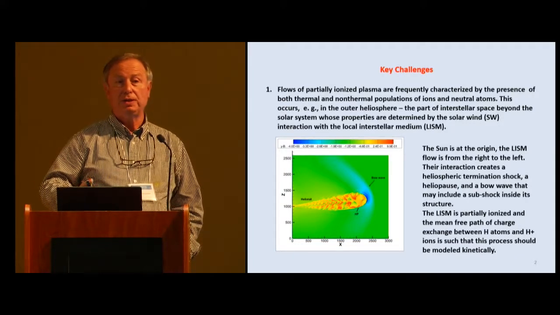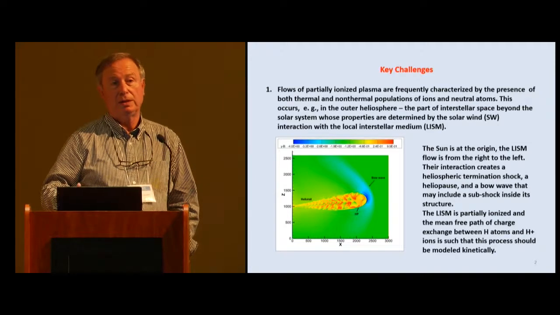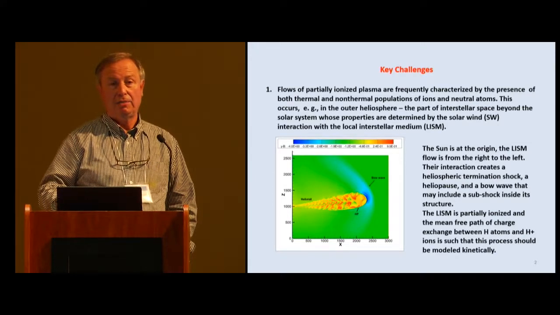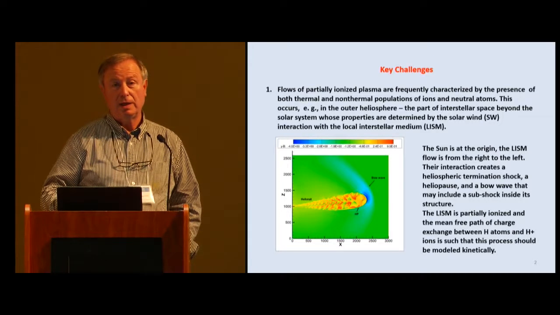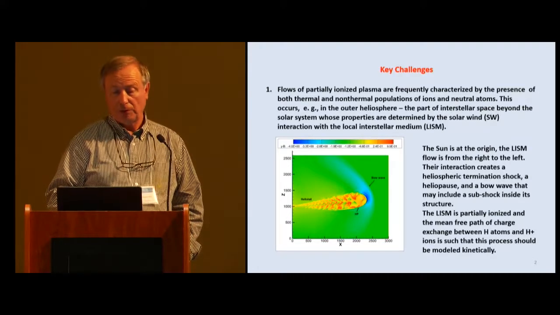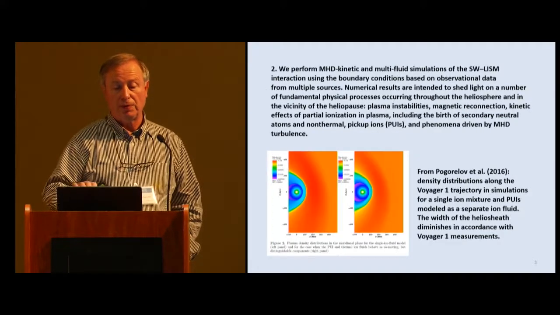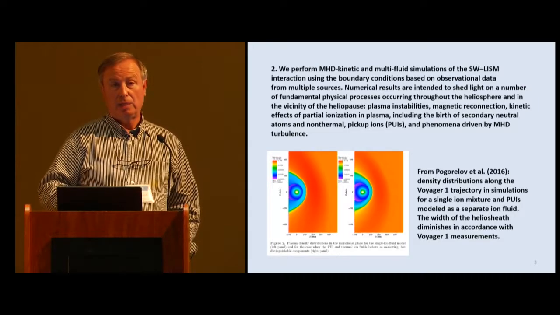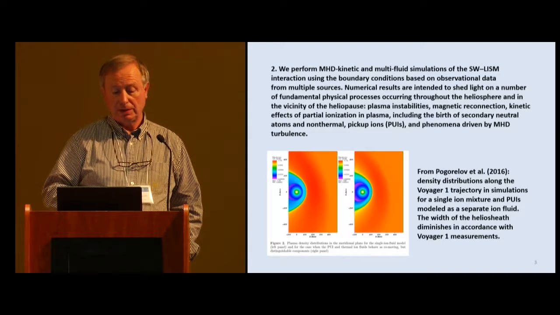Charge exchange is infrequent; it occurs at roughly every 15 astronomical units. So from the perspective of this simulation, neutral particles should be modeled kinetically. We solve MHD equations coupled with the kinetic Boltzmann equation for neutral particles.